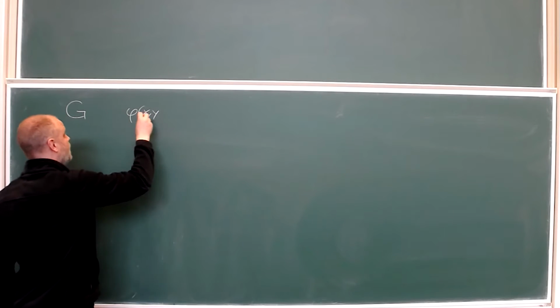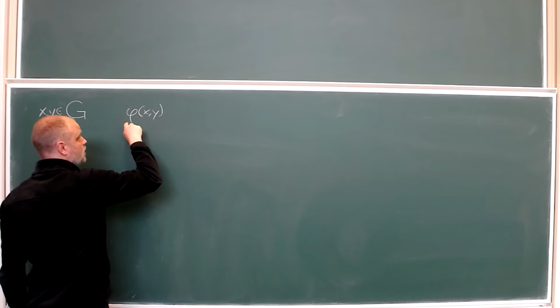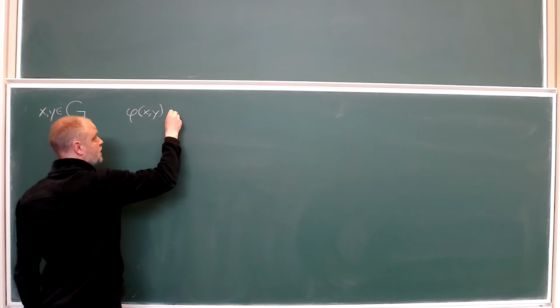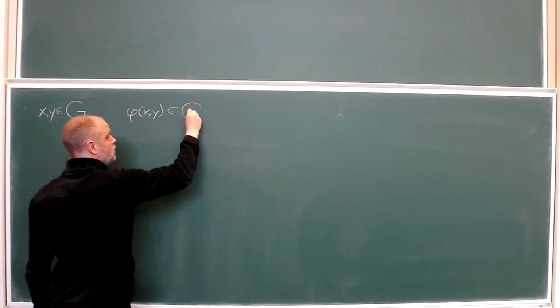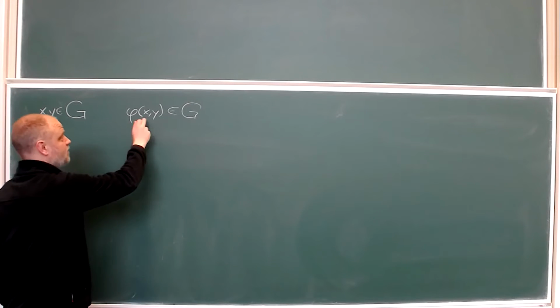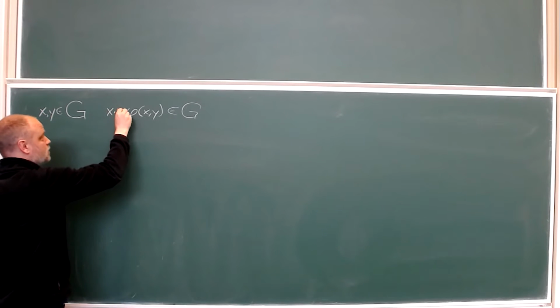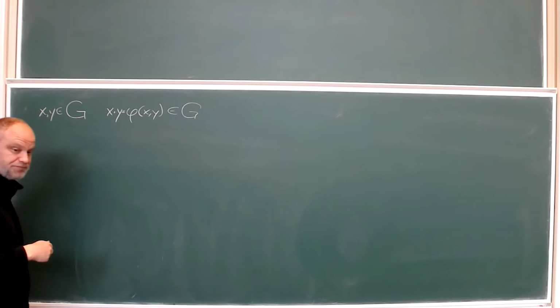Given x and y in this group G, there is a mapping that gives you a new element of G, and this is the group operation. So instead of writing phi(x, y), we're just going to write x times y.